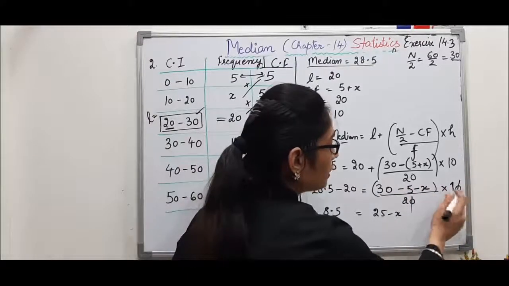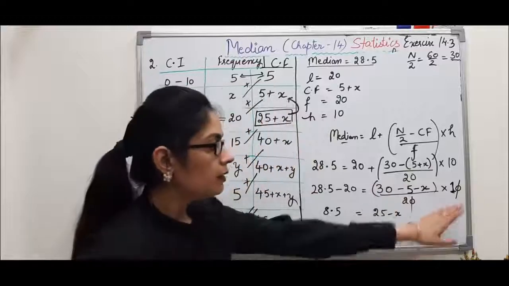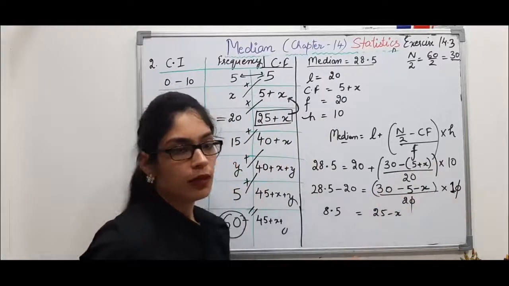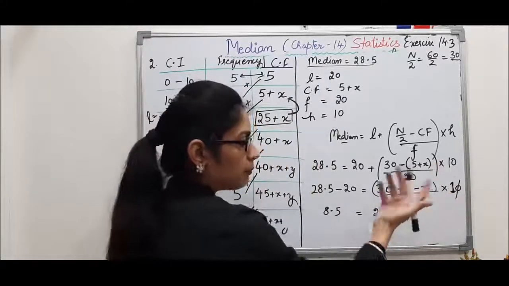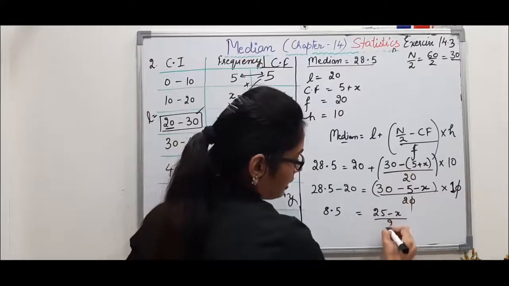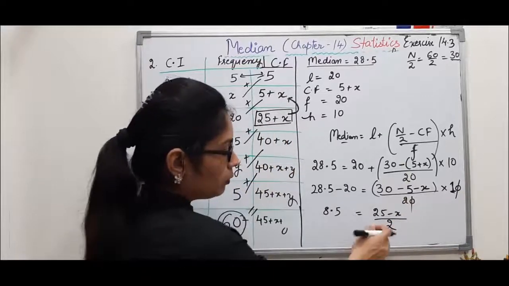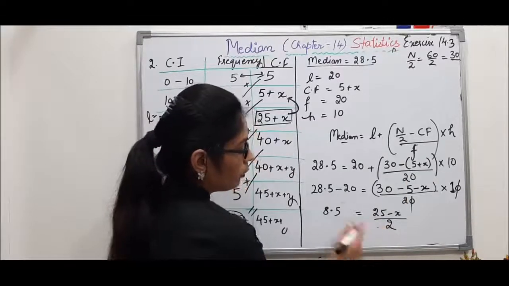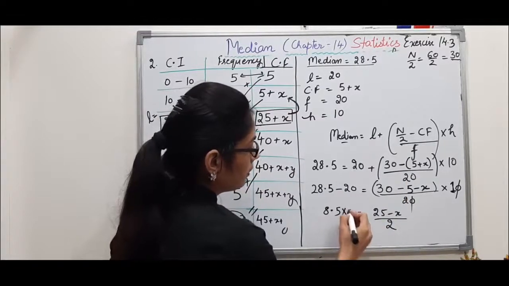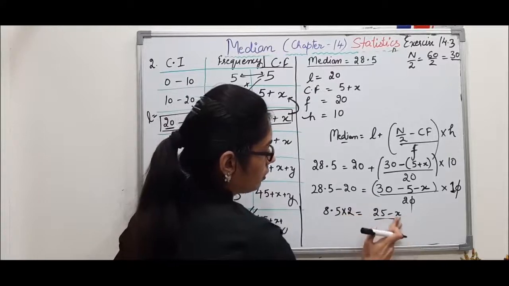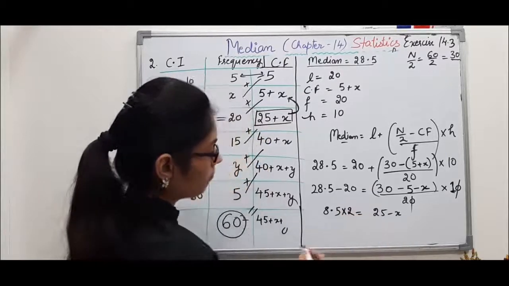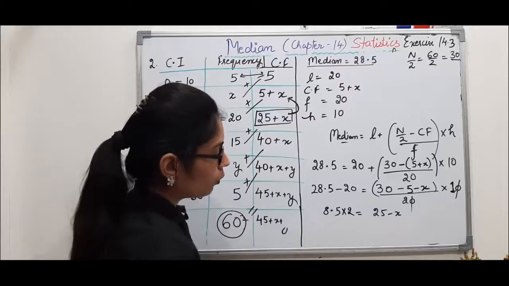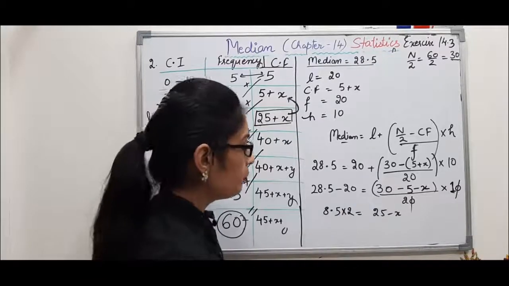If any other number is there, then you have to multiply this number with all the given terms. Now it's 1, so it will remain the same. So here we can write 2. Now this 2 is getting divided on this side, so we can shift it to the other side and it will get multiplied. So we are left with 8.5 into 2 equals 25 minus x.